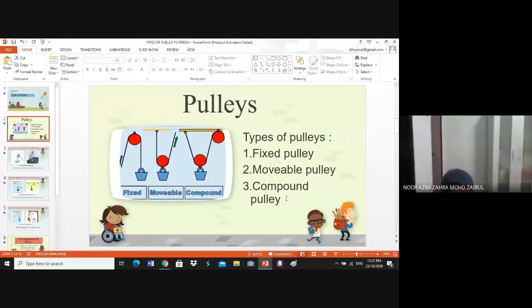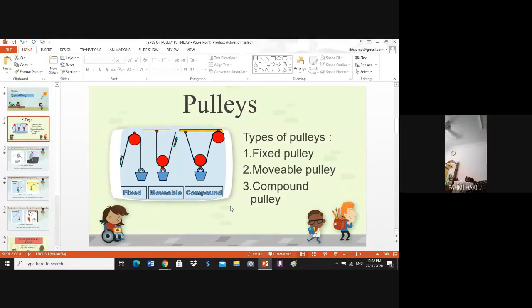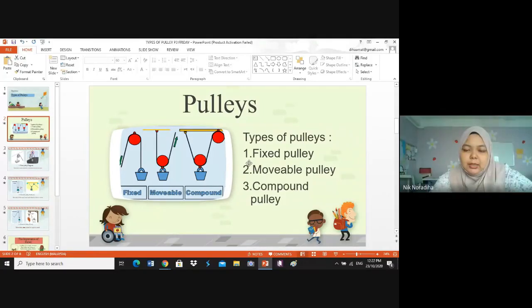Teacher, do we need to copy? Fahmi, can you see my screen or not? Yes, you can see my screen, right? So I clearly wrote here: number one, fixed pulley. Number two, movable pulley. Number three, compound pulley.